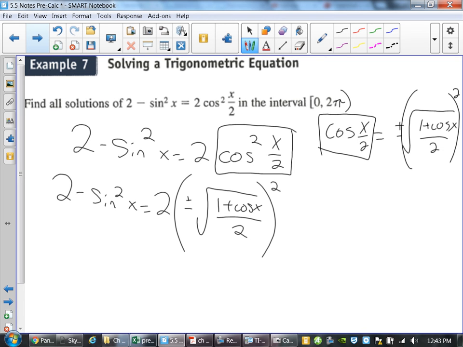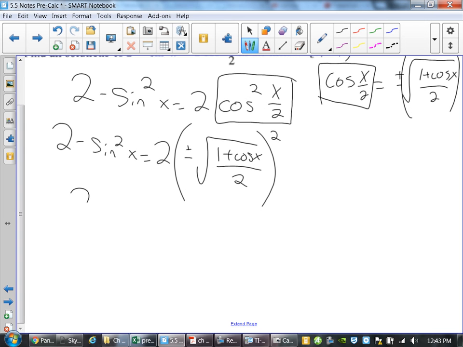Now, when I square that, it takes away the root and it also takes away the plus minus, because what's a negative times a negative? So it gets rid of that as well, and you wind up with 2 minus sine squared x equals 2 times the quantity 1 plus cosine x over 2.